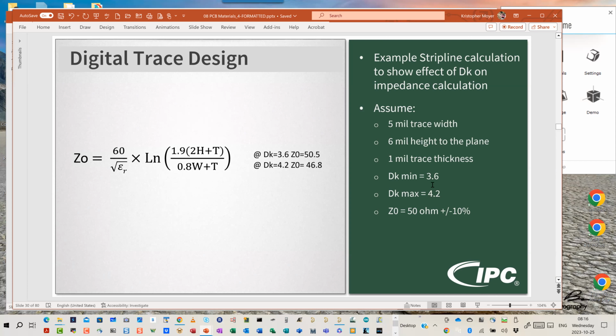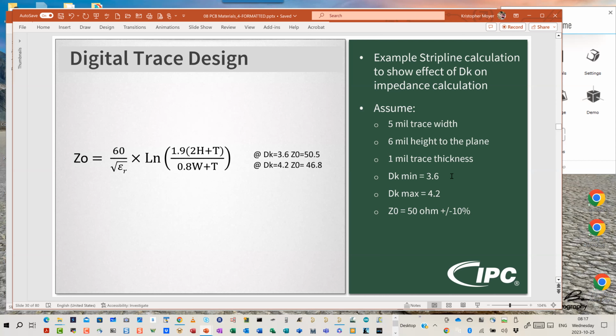One material has a dielectric constant of 3.6, the other has a dielectric constant of 4.2, right? So not even a whole integer number difference between them, about half an integer number, a little bit more, 0.6. So basically half of an integer number difference between the 2 dielectric constants.